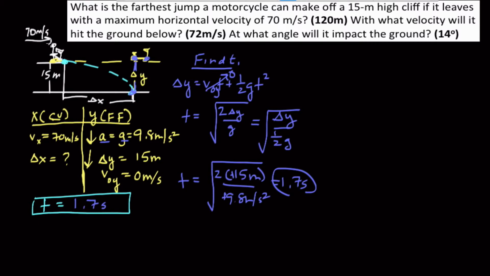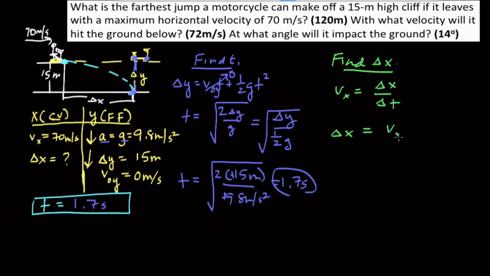During that 1.7 seconds, it's traveling horizontally at 70 meters per second, and I want to know, well, how far does it go? So I can answer that question. Now I can find delta x. I'm going to use my constant velocity equation here, v equals delta x over delta t. Delta x, I would just multiply by t on both sides.